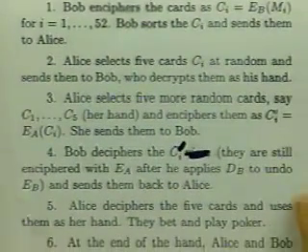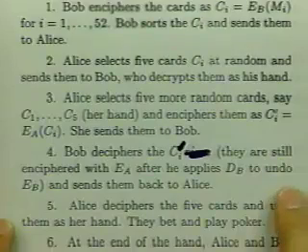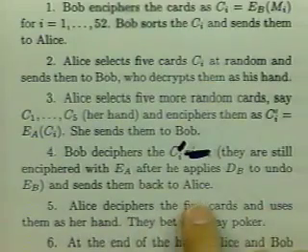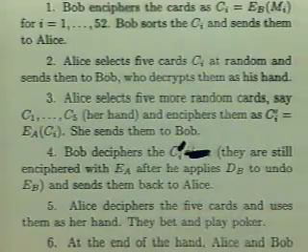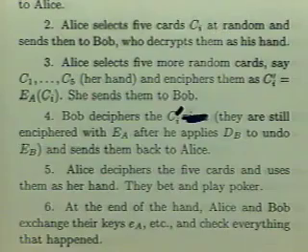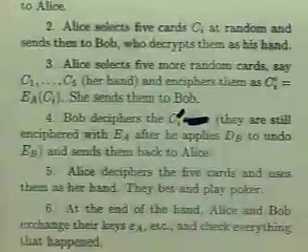So now they are still enciphered, but only with Alice's cipher EA. Then Bob sends these 5 numbers back to Alice. Alice then deciphers them. They are just EA of some card, so Alice applies DA to them to decipher them and get back to a card. So Alice uses them as her hand.